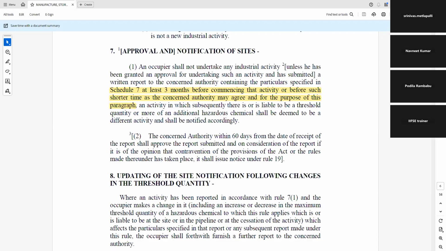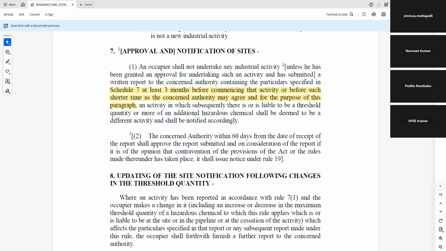It means, for example, if I am planning to build my factory in July, I have to report in April itself. So at least 3 months before, I have to furnish the information which is in Schedule 7. Or sometimes, if the authorities agree, okay, 2 months before is also fine.